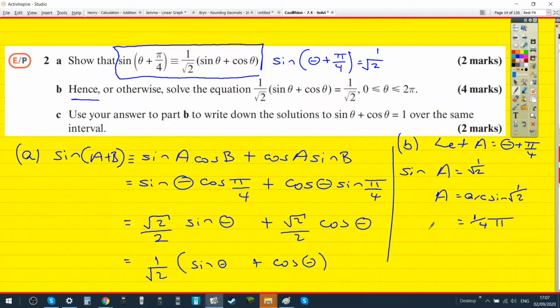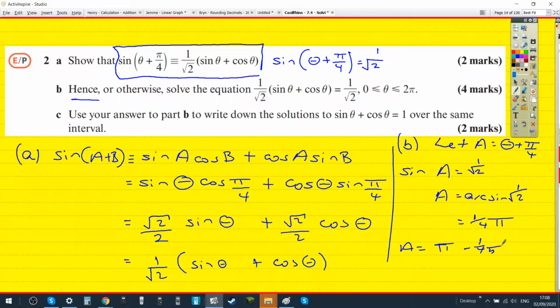True. That's how you get your third answer. How do we get our second? Plus 180. Or thinking 180 minus 1 over 4 pi. And what is 180 in terms of radians? Pi. Yep.